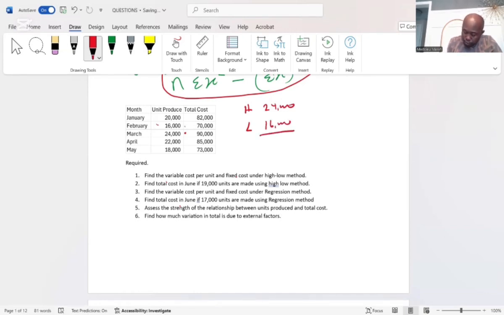For 24, we have 90,000 as the total cost, and for 16, we have 70,000. Doing this, the difference in cost will give us 20,000, and the difference in units gives me 8,000.